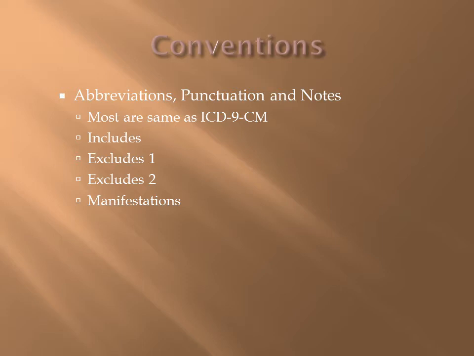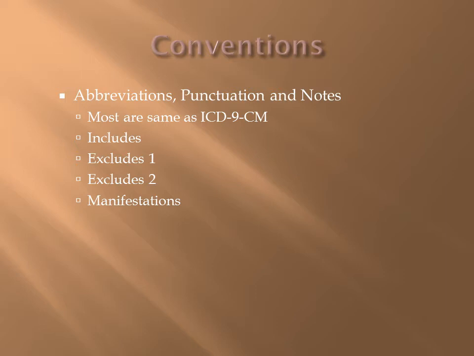Conventions. This includes your abbreviations, punctuation, and notes. And most are the same as they are in ICD-9-CM. Your includes note indicates that some specific condition has been described by the code under which it is listed.